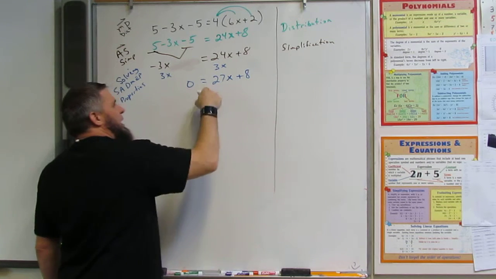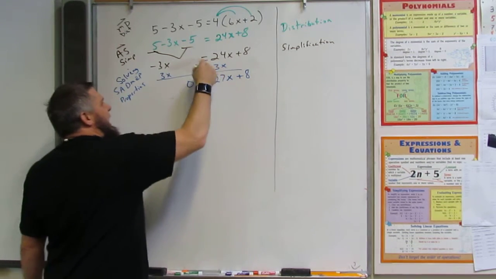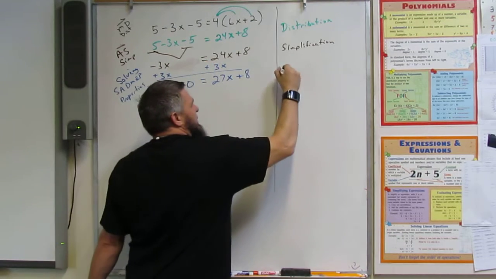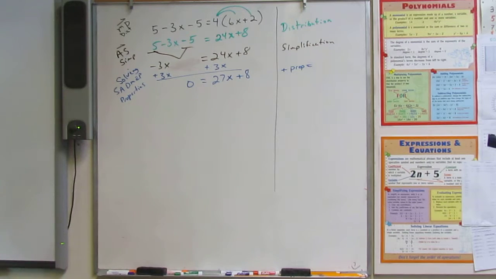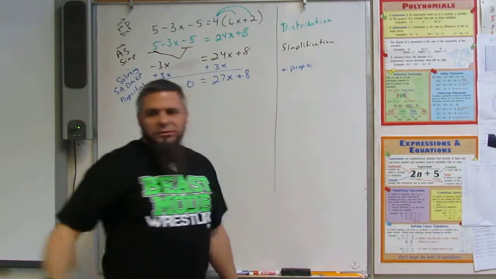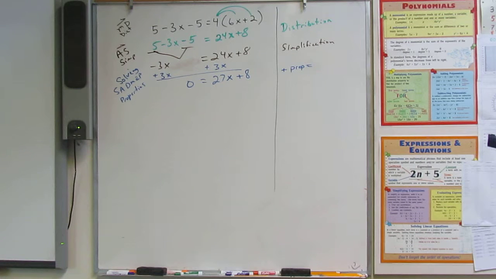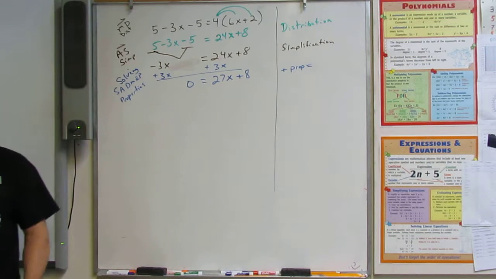plus 8. And what I did here was, I added. So addition property of equality. You have to have the property of equality part. You can't just say addition. That's something that they're going to want, and they probably want you to write it out on the EOC. I think this works. I think anybody with their right mind should understand it if they know anything about math.